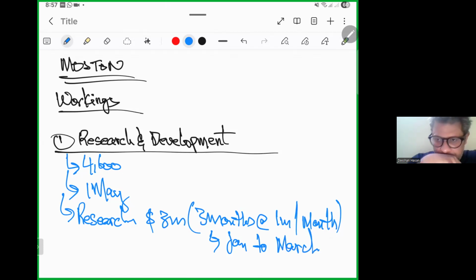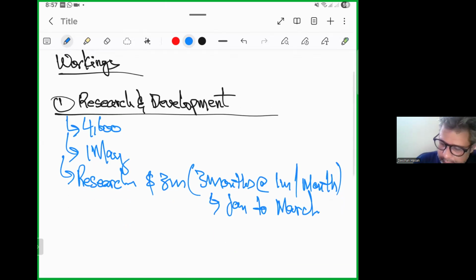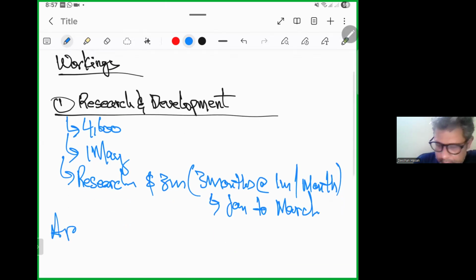And April cost of 1.6 million should be expensed. So 0.6 million.